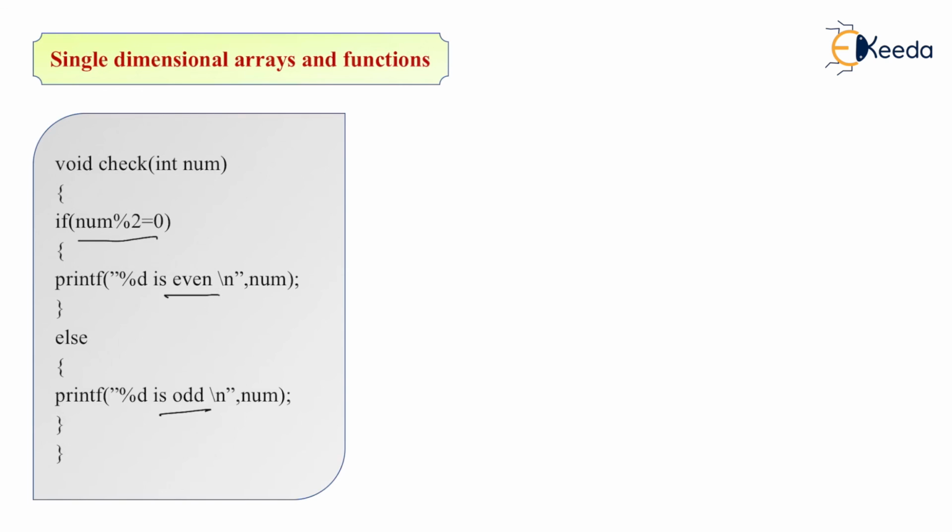So if we consider that we have entered the array's first element value as 4, it will give you the answer as even number. Then for the second element it will tell you odd number, and so on.